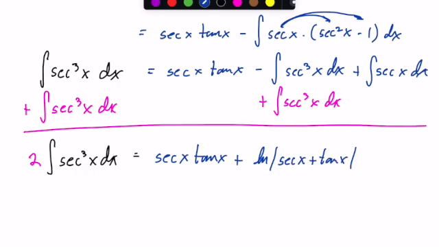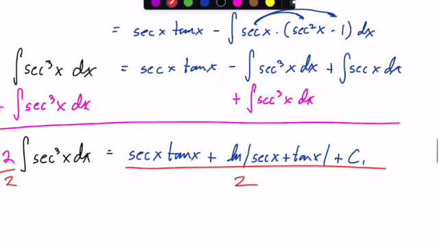Well, we already know what the integral of secant x is. That's the natural log of secant x plus tangent of x. Now, we would, of course, have a constant over there once we took that derivative. And then all I have to do is divide by 2. And that's how we handle the odd power of secant of x.